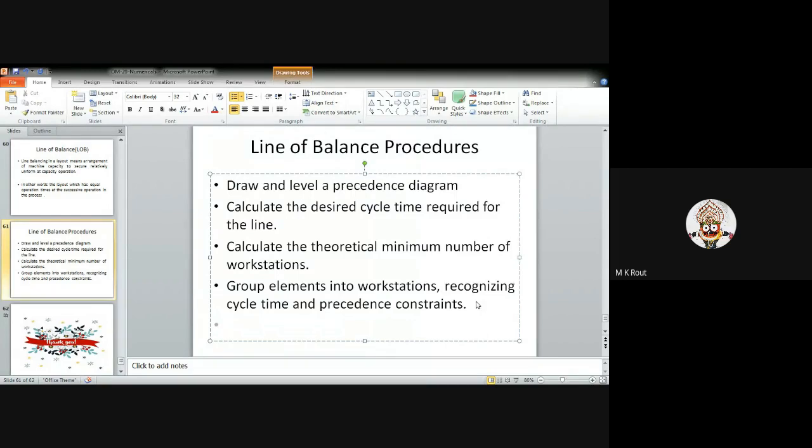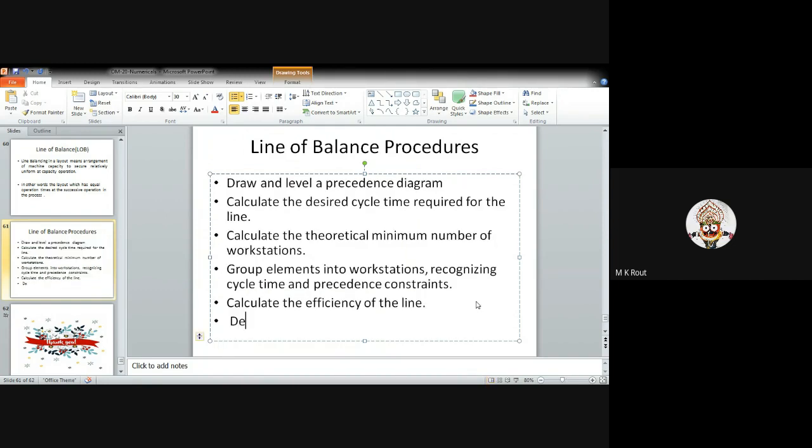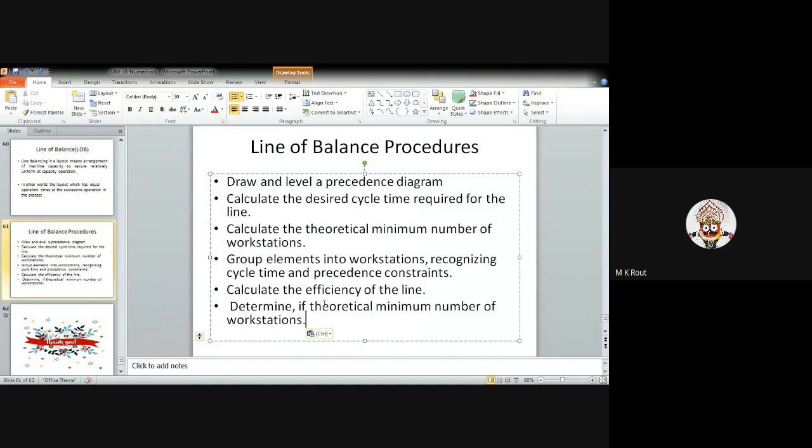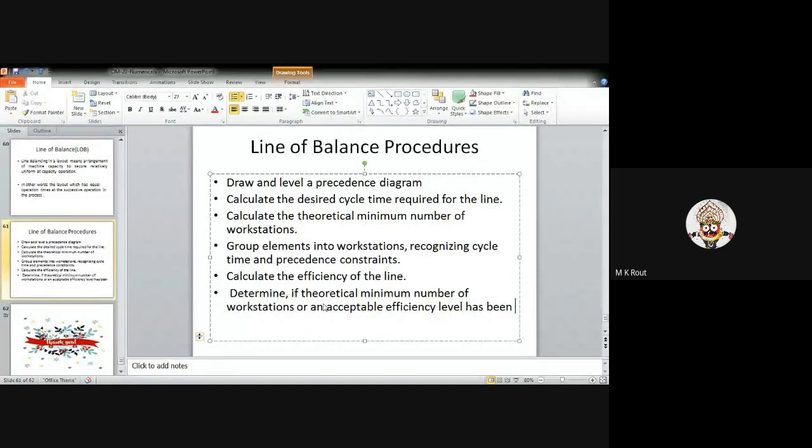In case of step number 5, calculate the efficiency of the line, and the last one is determine if the theoretical minimum number of workstations or an acceptable efficiency level has been reached.